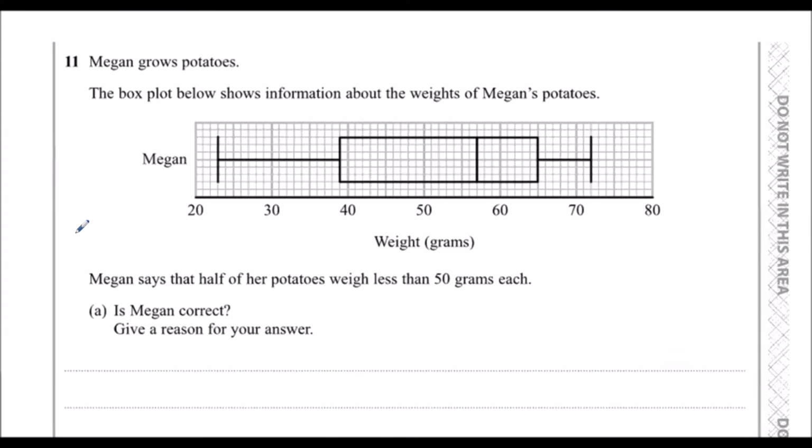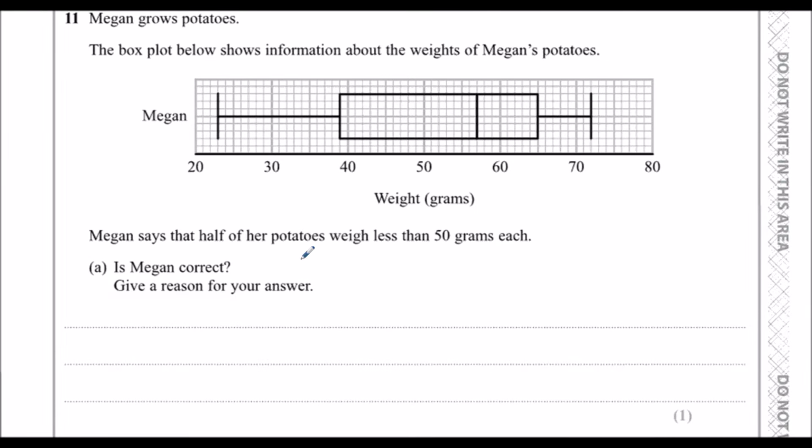Question 11. Megan grows potatoes. The box plot shows information about the weights of Megan's potatoes. Megan says that half her potatoes weigh less than 50 grams each. Is Megan correct? So on a box plot, these lines mean the lowest.